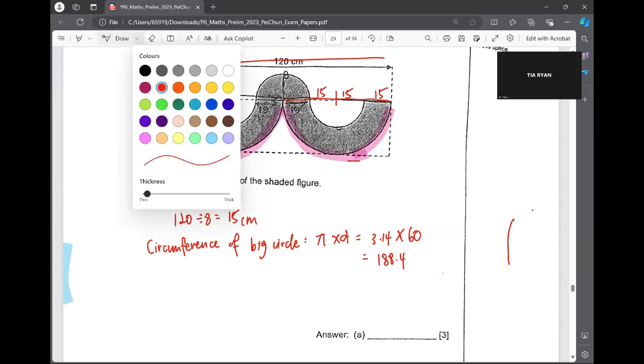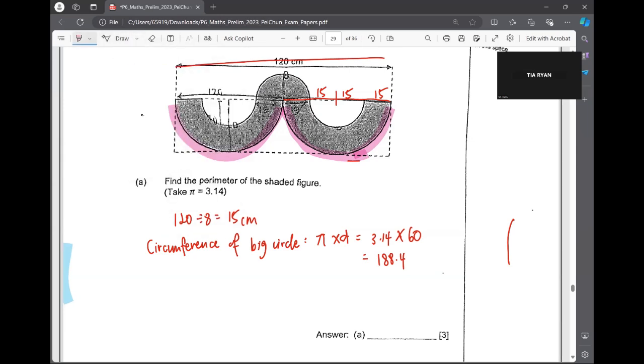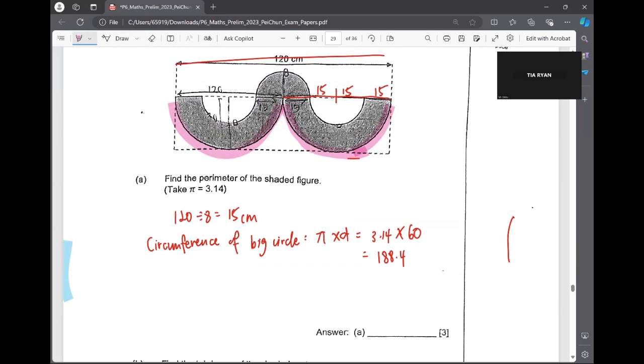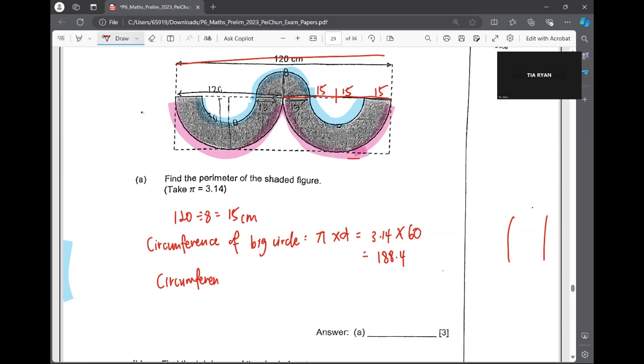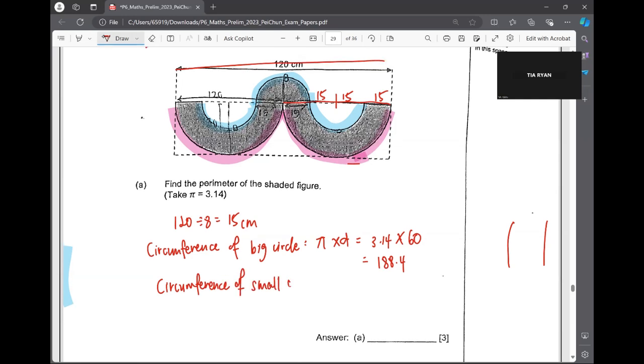Over here we now have to find the three arc lengths. One, I'll use blue color, 1, 2, 3. Three arc lengths, three halves. I can straight find the circumference. Always write down clearly so that you know what you're finding and won't be confused.